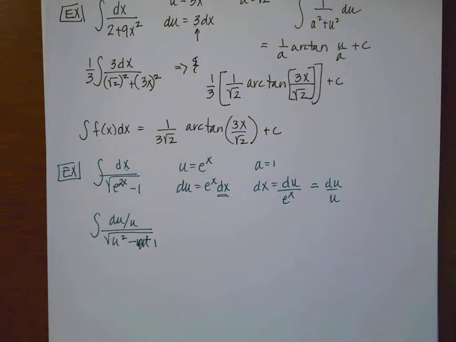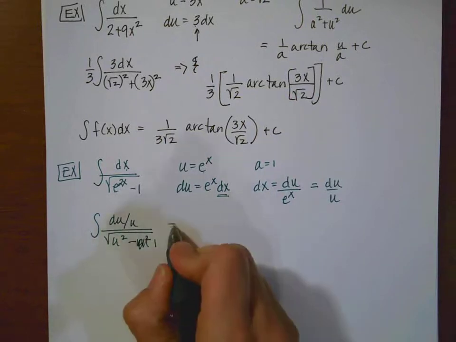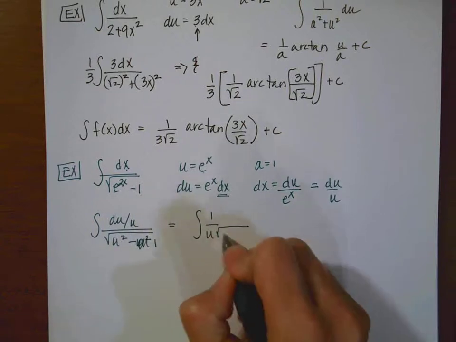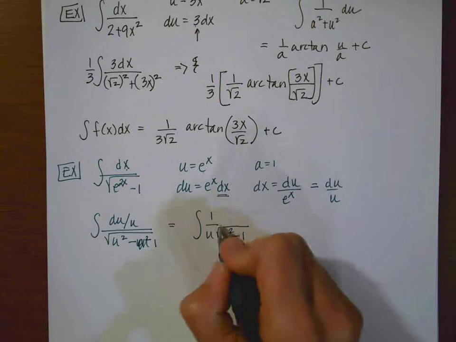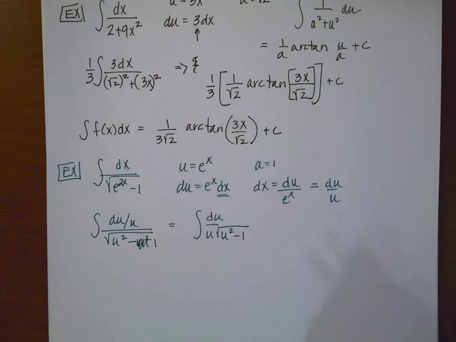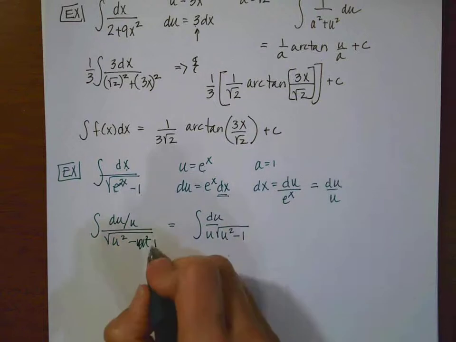Actually, I'm going to write that as 1. Then I need to manage that u guy. So I'm going to have this be 1 over u times the square root of u squared minus 1, and then I can put my du right there.